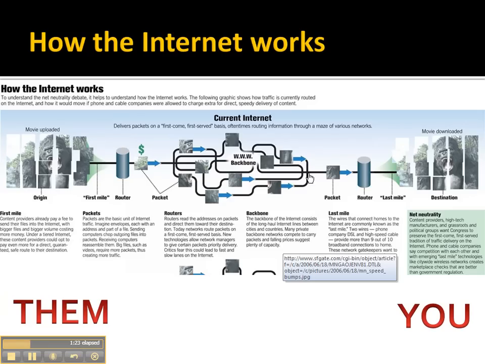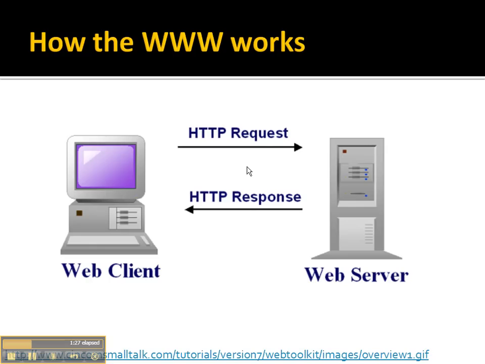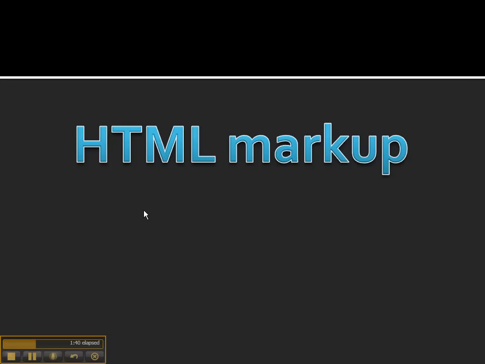So it's a pretty complex system, but remember that the World Wide Web is actually the interconnected documents, and those are the HTTP requests. That's Hypertext Transfer Protocol request documents that you receive from web servers to web clients.